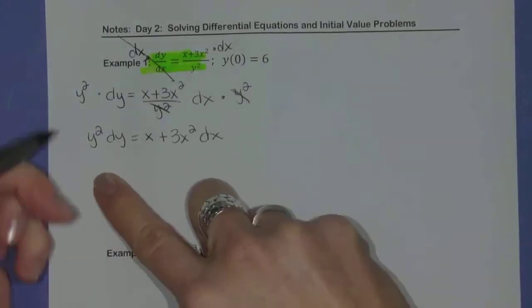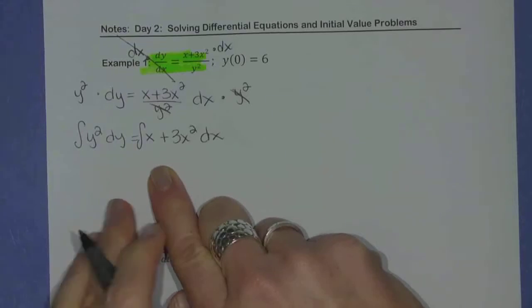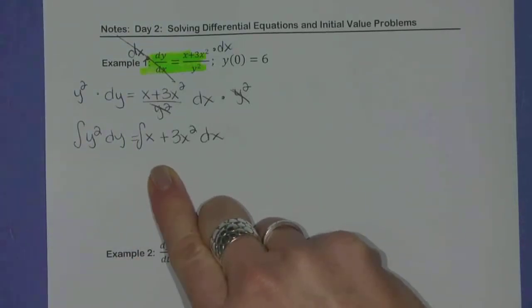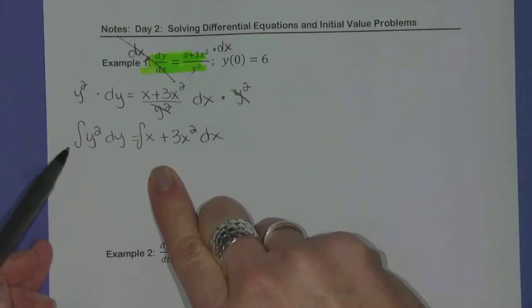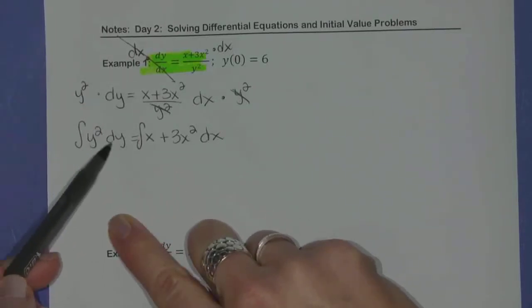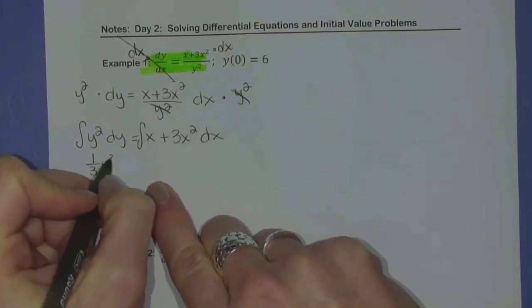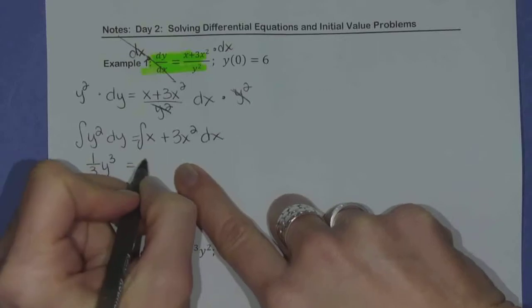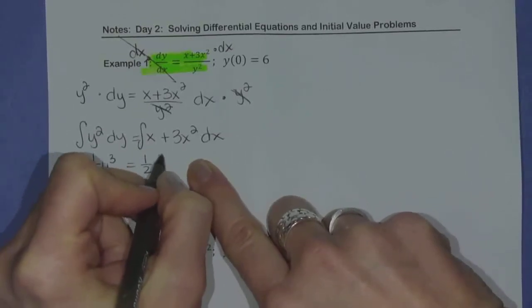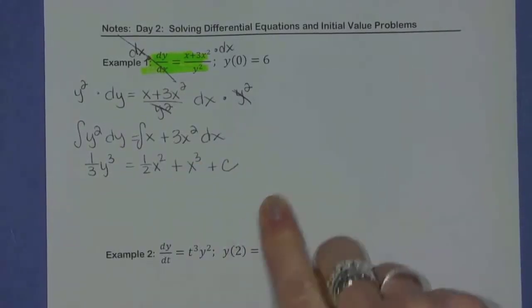At this point, I'm going to integrate both sides because I'm trying to solve for y. So if I take the indefinite integral of y^2 with respect to y, I get 1/3 y^3 equals, and if I integrate this side, 1/2 x^2 + x^3 + c.